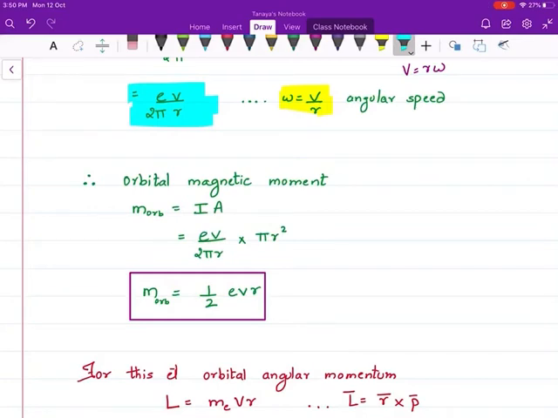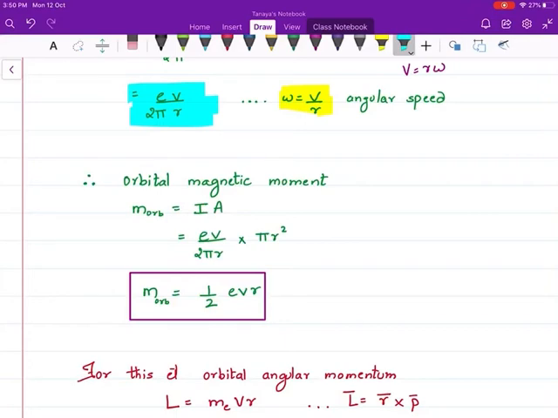So we have substituted that value of current. And A is what? Area enclosed by the loop. It is a circular orbit. For our convenience, we have taken it as a circular orbit. We actually know that the orbit is not circular, it can be elliptical or any other shape. But that part we will deal with in quantum mechanics.